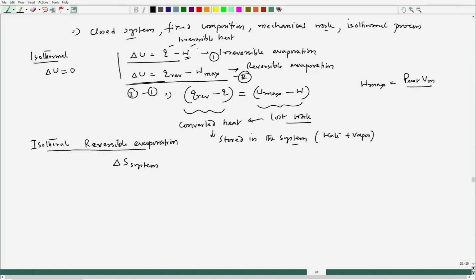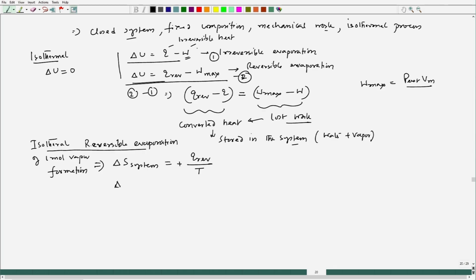We have seen that this would be the amount of heat that enters the system due to this reversible isothermal expansion, evaporation, of 1 mole vapor formation. So, this would be equal to Q reversible by T, and heat with respect to the system is positive.